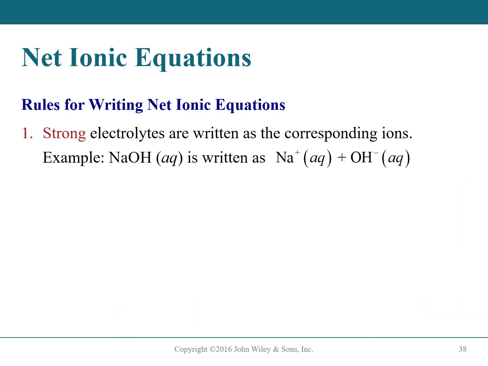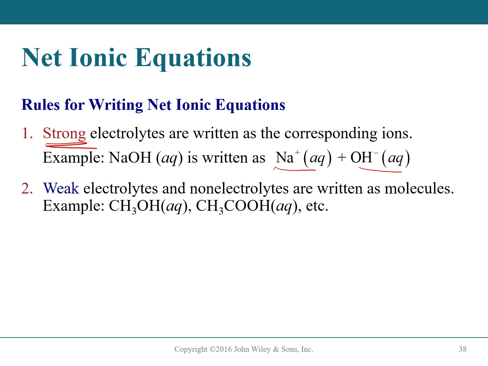Okay, so we talked a little bit about the total ionic and the net ionic equations. Remember, whenever we were having a strong electrolyte, we have to take them apart into their component ions. So again, knowing all your polyatomic ions is essential to do this.